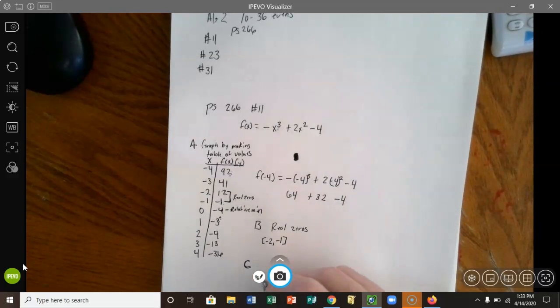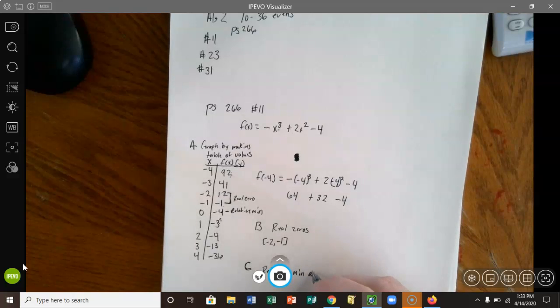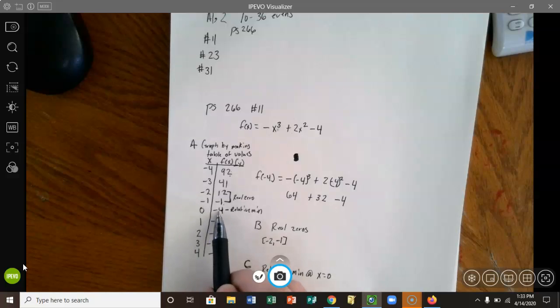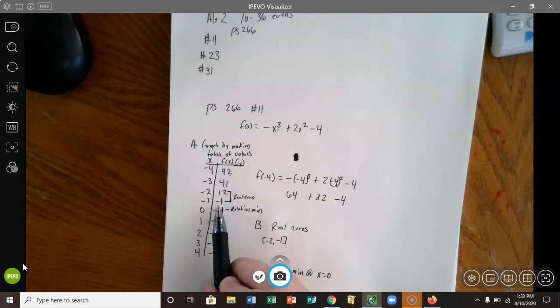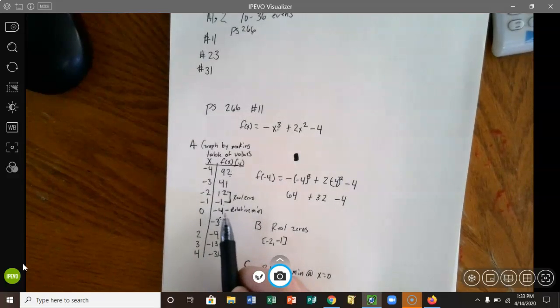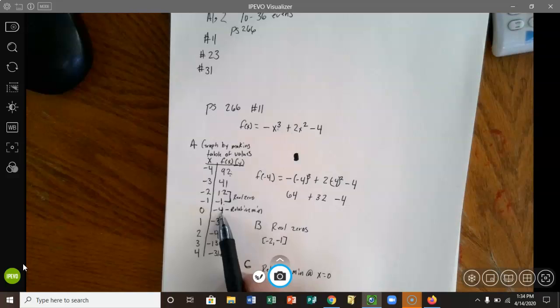at 0. And that's because when I plug in 0, I get a negative 4. When I plug in negative 1, I'm at negative 1, and then I'm at negative 3. So this is really a minimum value. Okay, and now as I'm looking, I go from negative 4 to negative 3 to negative 4.